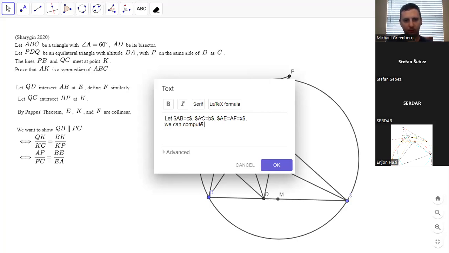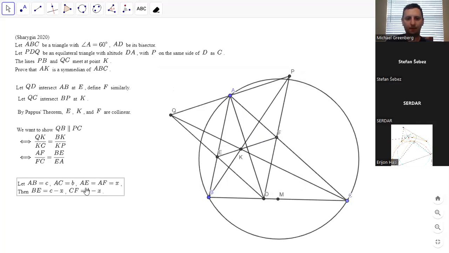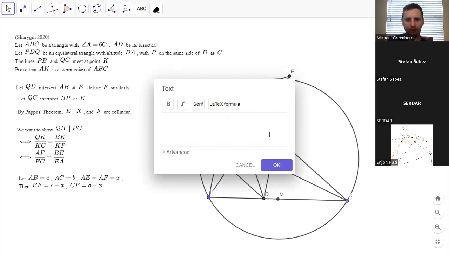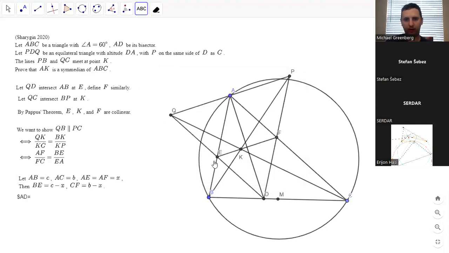And compute. Then basically BE is equal to C minus X, and CF is equal to B minus X. Basically we can calculate, we have AD is equal to root 3 AE, because this is X over 2.